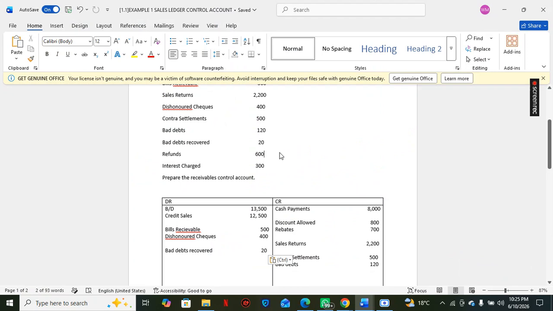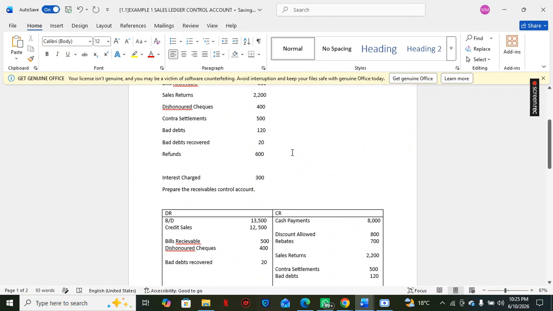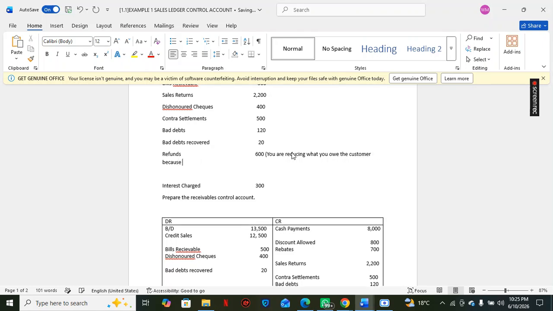Okay, you are reducing what you owe the customer because they made an overpayment, and from a receivable they become a payable. You see? From a receivable they've changed into a payable.